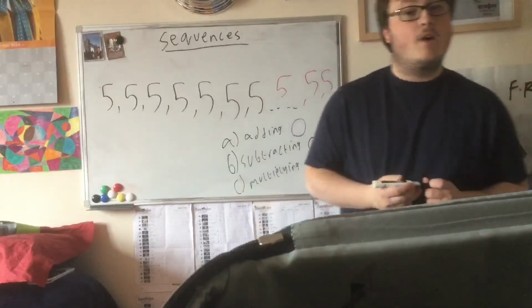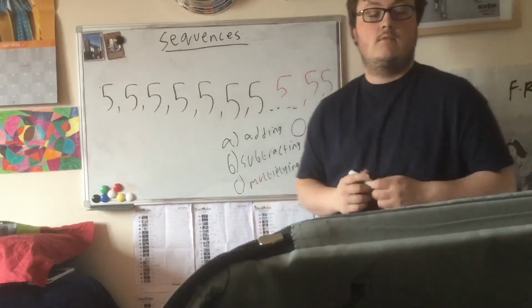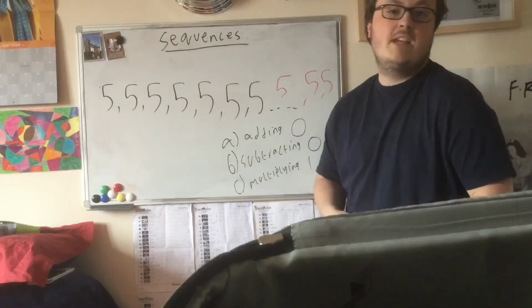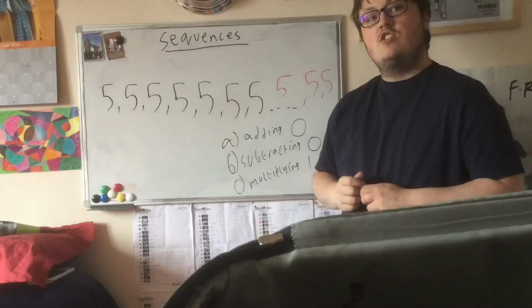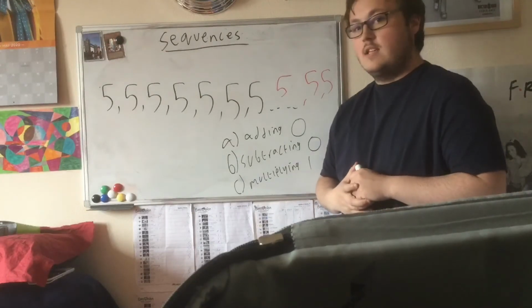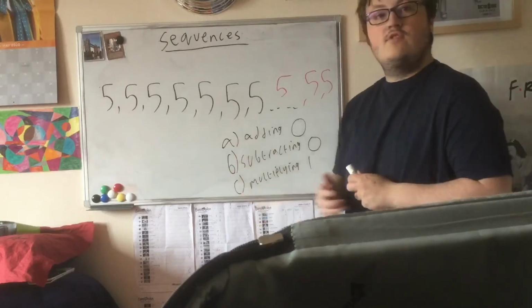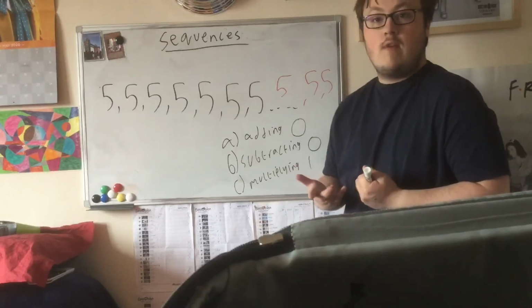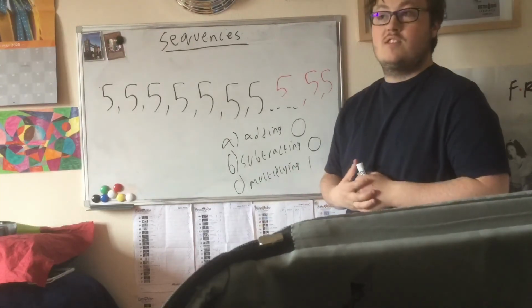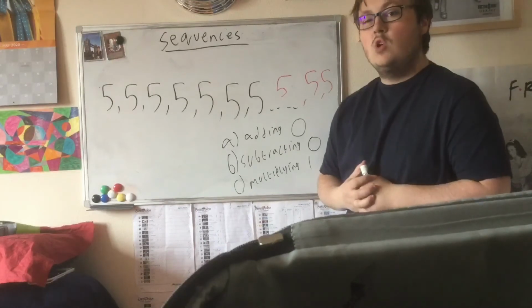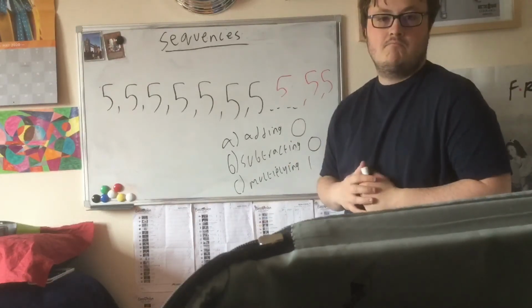You could also be dividing by 1. There's 4 actually. I'm a bit of an idiot. But sometimes they might ask you to find the rule, not just the next term. And this gives you 4 different rules. They're all correct. You just need to decide which one's best. So some sequences may need more than 1 rule to make it clear.